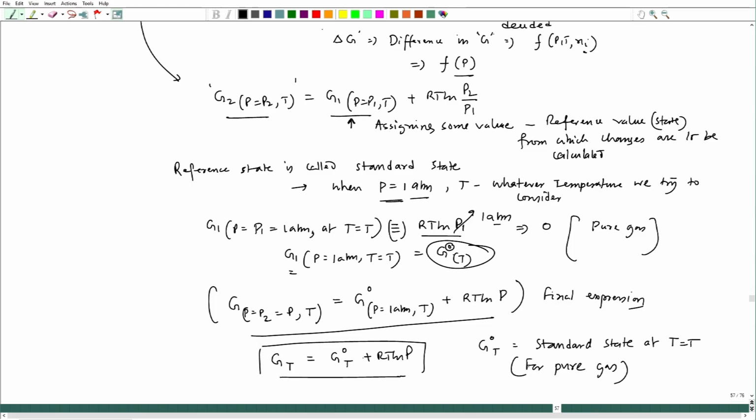Okay. It is not for a mixture, it is a pure gas system, fine. So, that is the philosophy of standard state, and remember this is a reference state.